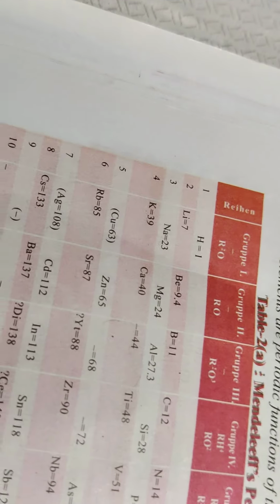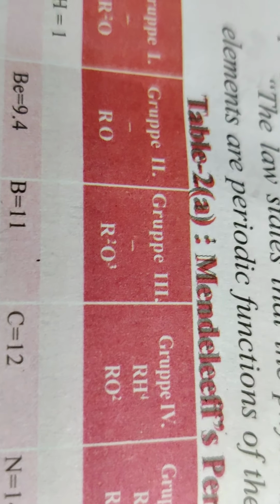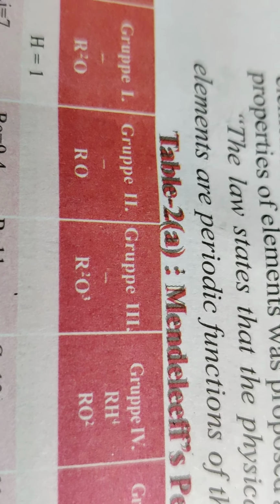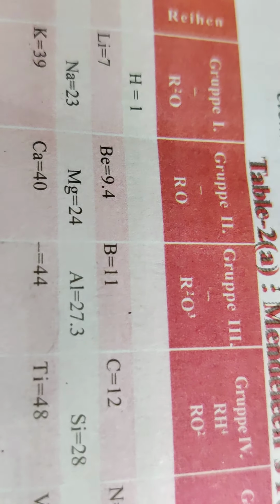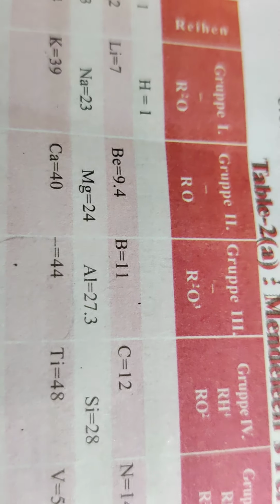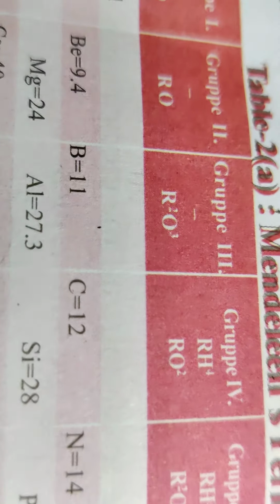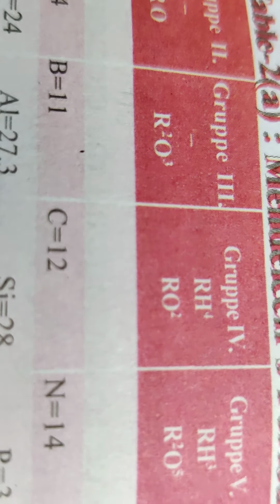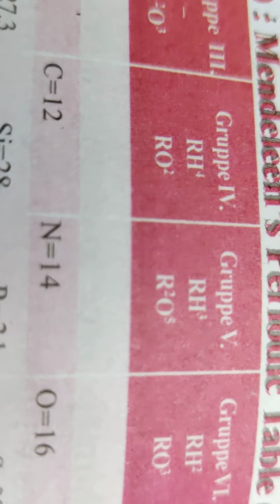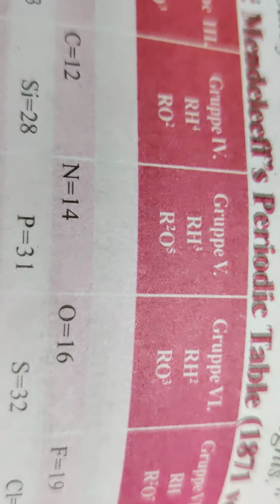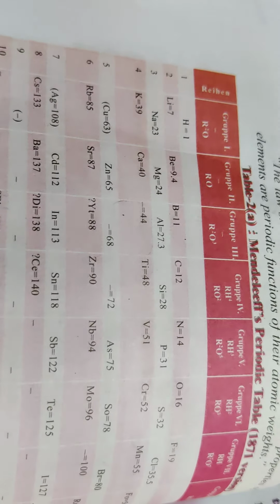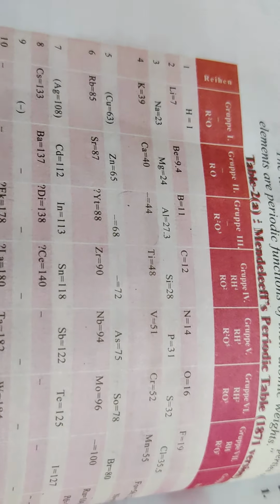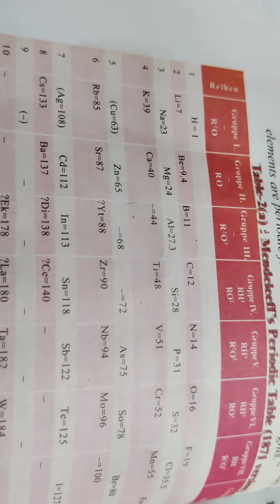Like that, the second group elements, when they react with oxygen, give compounds of RO, meaning magnesium oxide MgO, calcium oxide CaO, like that. Next, group 3 R2O3, group 4 RO2, group 5 R2O5, and so on. So based on the reactivity of elements with oxygen, he arranged the elements into groups.